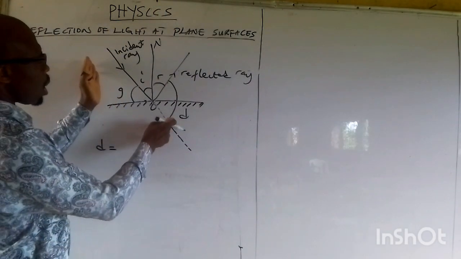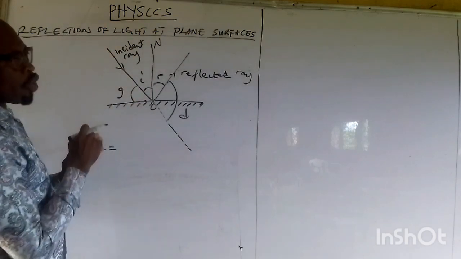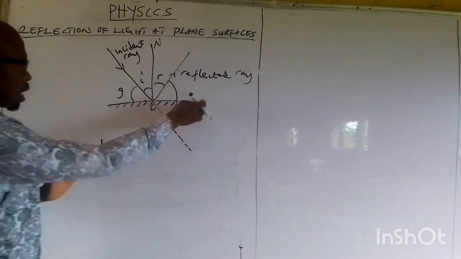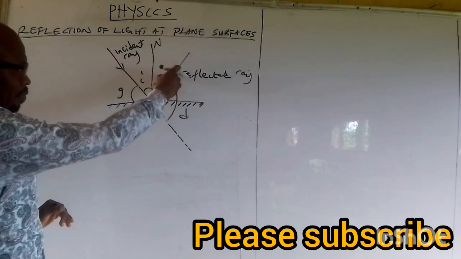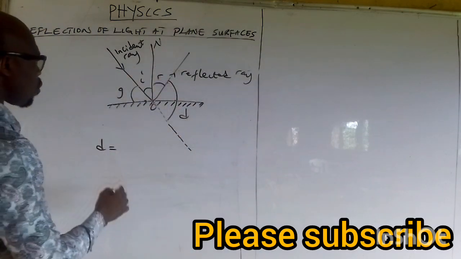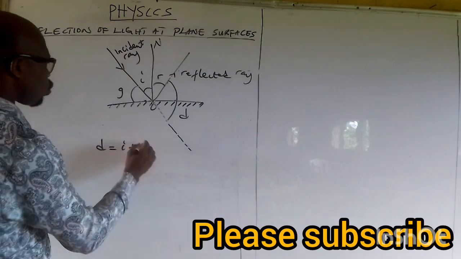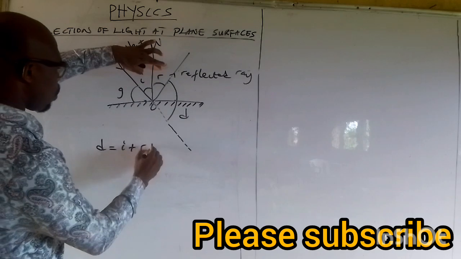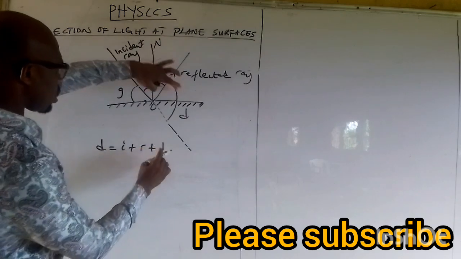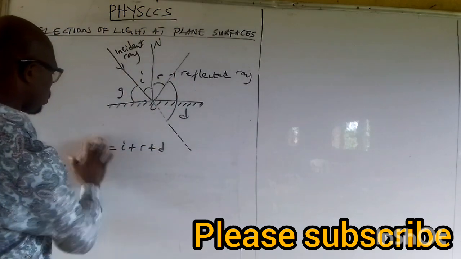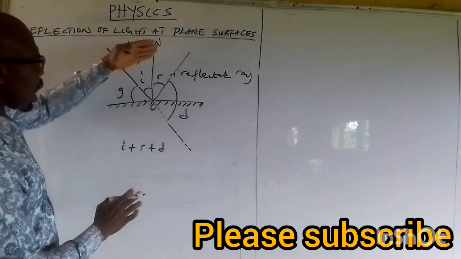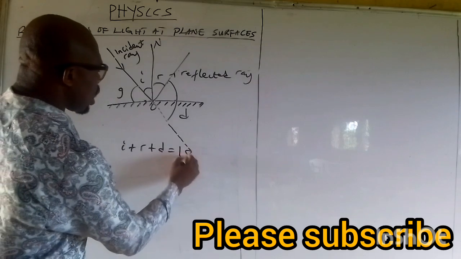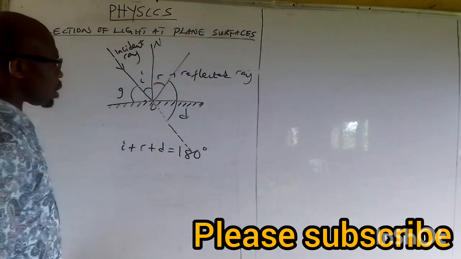That means from here to this place must give us 180 degrees. So to find this D, the angle of deviation, we add all these things, excluding this one: I plus R plus D, which is an angle on a straight line. An angle on a straight line is 180 degrees.